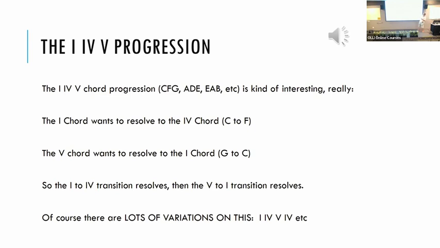And the interesting thing is the C chord. Remember, the C7 goes up to the 4 notes above the F. So the 1 chord wants to resolve to the 4 chord, and the 5 chord wants to resolve back to the 1 chord. So the 1-4-5 is kind of a looping progression where one predicts the other one.